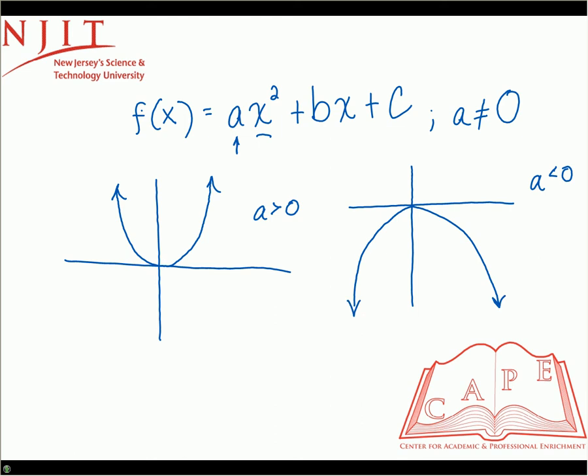Now the magnitude of the a value also determines how wide it is. The smaller the a value, the wider it gets. In other words, if a were equal to 2, it would take this shape right here. Now, the smaller you go, the wider it gets. So if we made a 1, it would actually be wider, like so. And if you went into fractions, like making a equal to 1/2, it would be even wider.